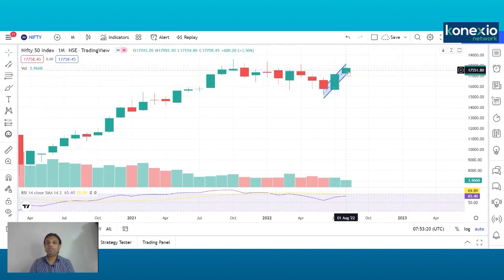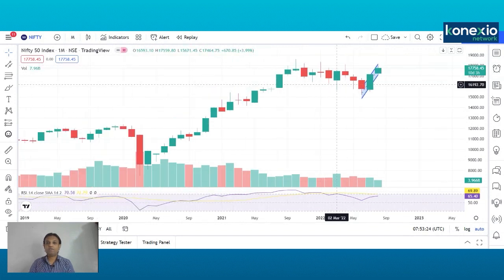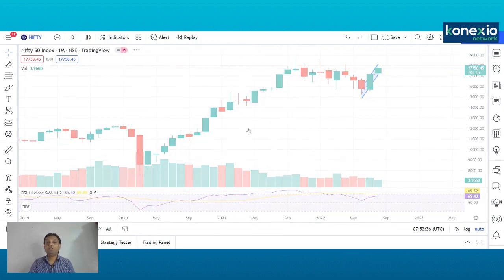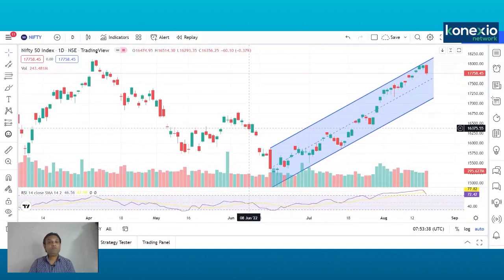The last 2 months have been on a strong note, and looking at this monthly chart, we feel that Nifty has the potential to test its lifetime high, that is 18,604. This was the high made in the month of October.